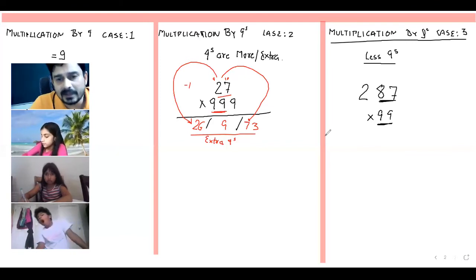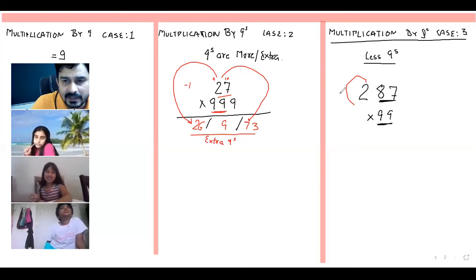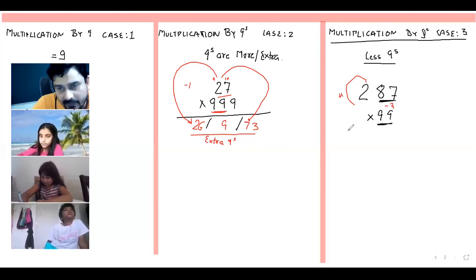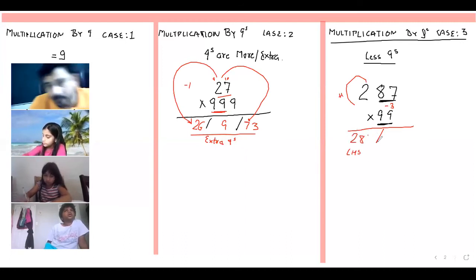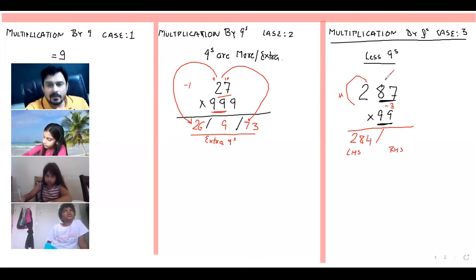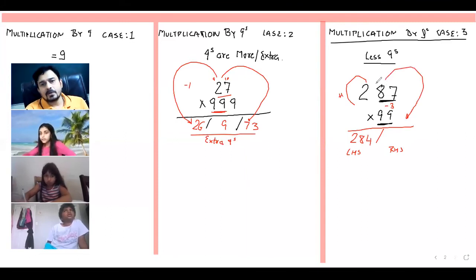The other digit, in this example it is 2, has to be increased by 1. 2 plus 1 is 3 and should be subtracted from this number. So this becomes our LHS, which in this case is 284. And for RHS, the rule is same, all from 9, last from 10, but only for two digits because two nines. So 1 and 3.